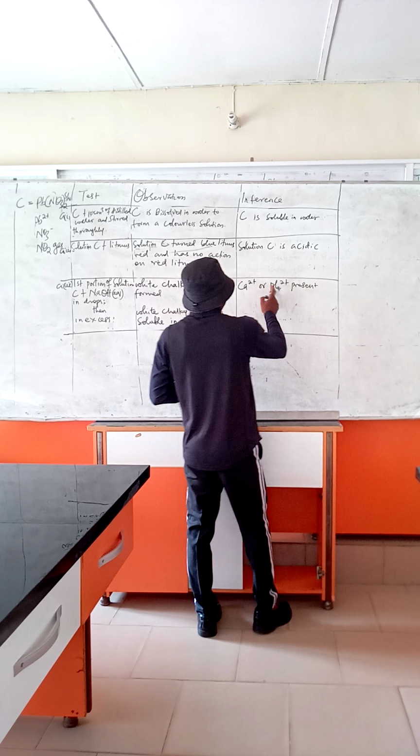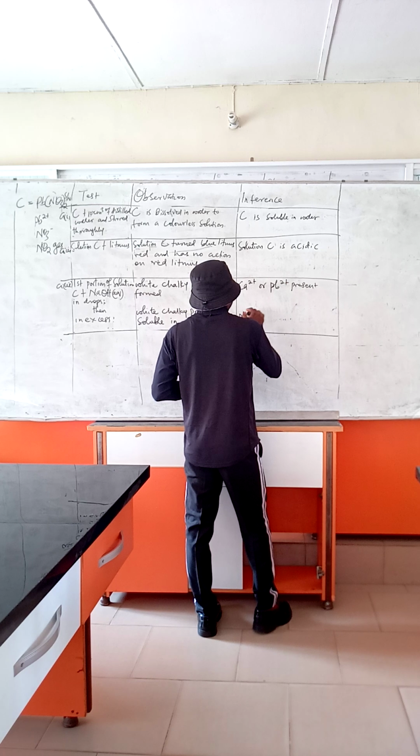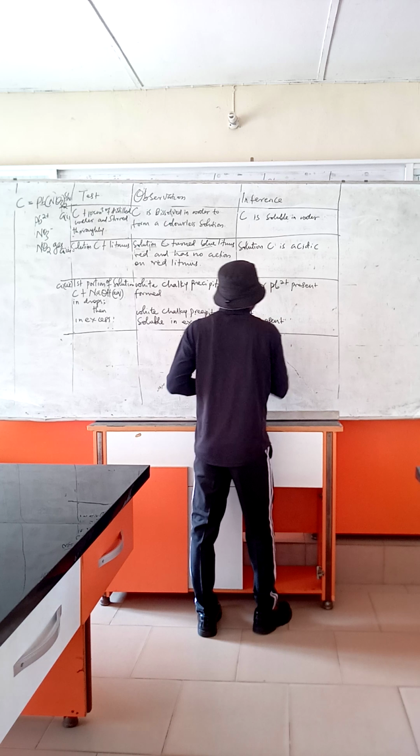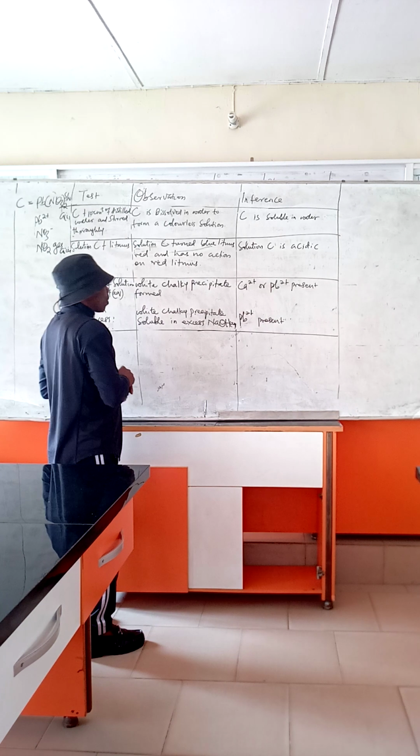Now you see that between calcium ion and lead ion, lead 2 ion is soluble in excess sodium hydroxide. We say Pb2+ present.